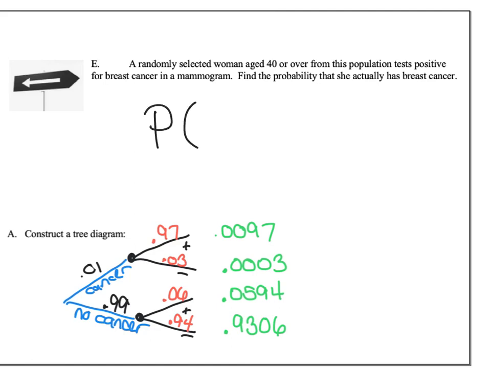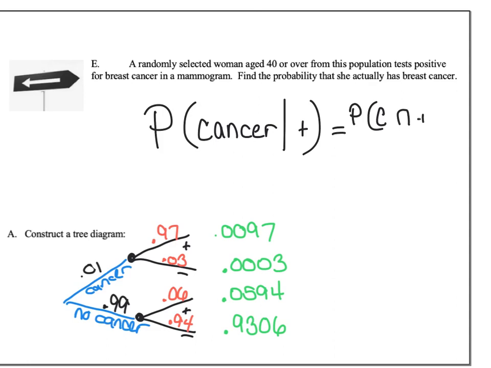So the probability, it's asking what's the probability that she has cancer, but this is given that she tested positive. Okay, so test comes back, what's the chance that she really does have it? Use your conditional formula. This would be equivalent to the probability of cancer, I'm going to abbreviate, intersected with positive, over the probability that she tested positive.